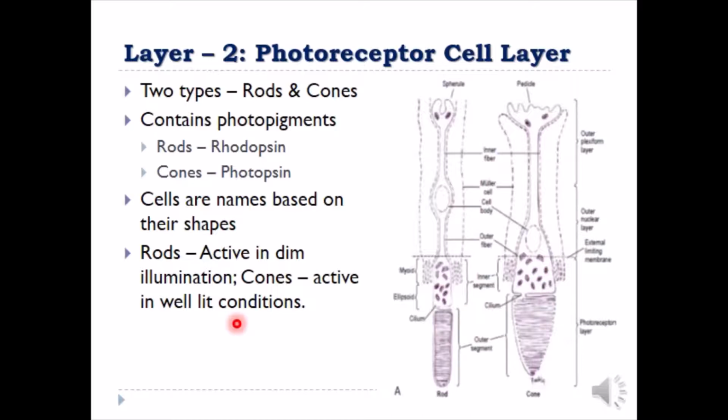So rods have three functions. One, helping to see in dim light. Second, helping with motion detection. Third, they cannot process color. Cones help us see in bright light, give very sharp vision, and can also process color.